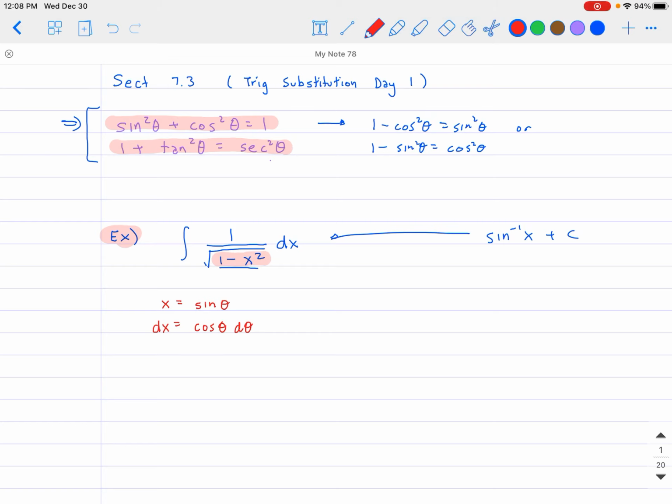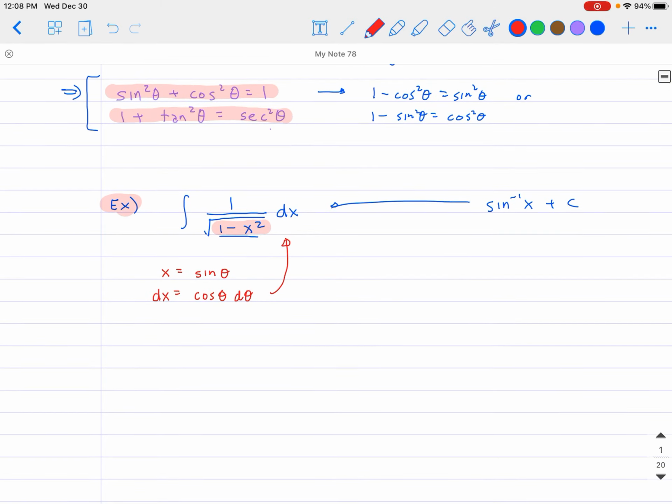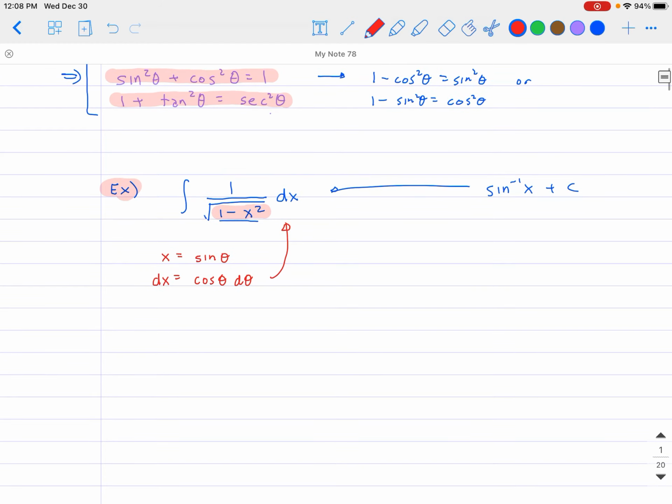Now, going back to my original, I'm going to make a replacement for all the x's so that it's in terms of theta. So my integral is now going to say, let's take care of the dx part right there. dx is supposed to be equal to cosine of theta multiplied by d theta, all divided by the bottom part.